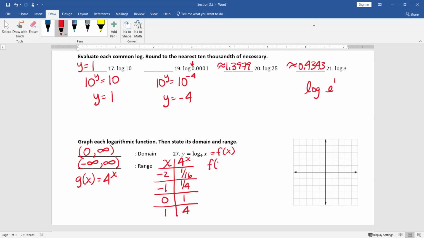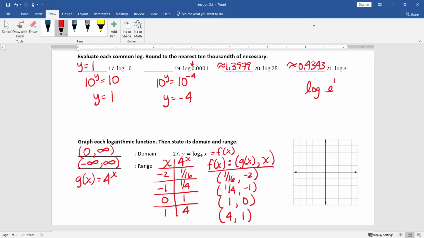So for f of x, the ordered pairs can be written with the g of x value in the x spot. Just invert them, with the former x in the y spot. And so we get 1/16, -2; 1/4, -1; 1, 0; and 4, 1.